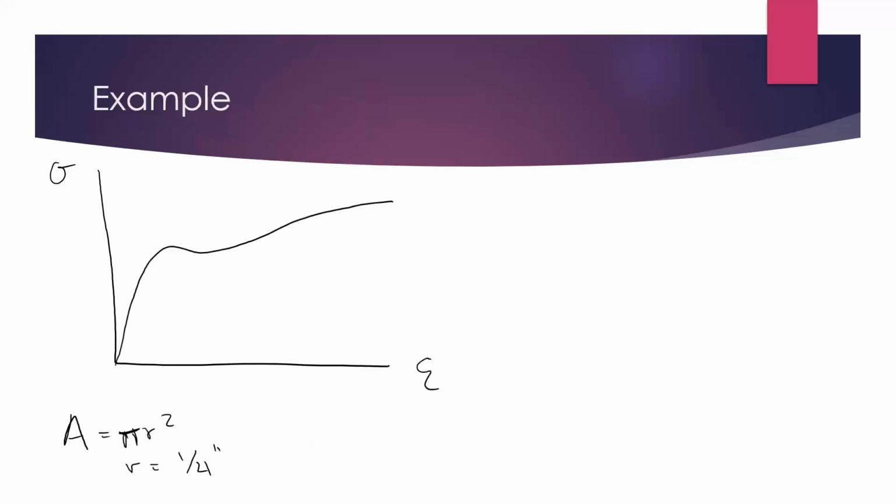And my question to you is compute the axial force that occurs at, we'll say this point here. That's just kind of an arbitrarily picked point. And I'm going to say that the stress at that point is 60 KSI. So if it's a 60 KSI stress, what is the tensile force?